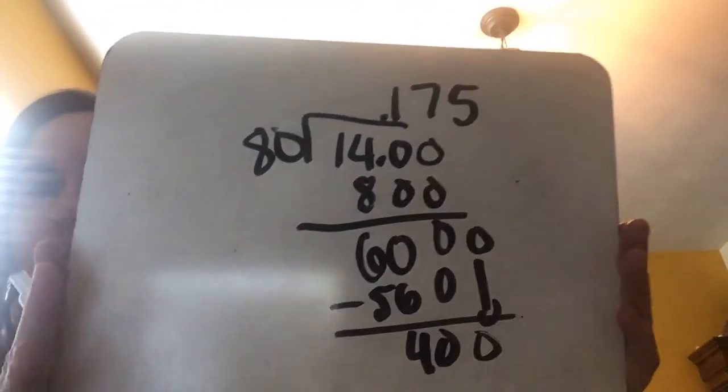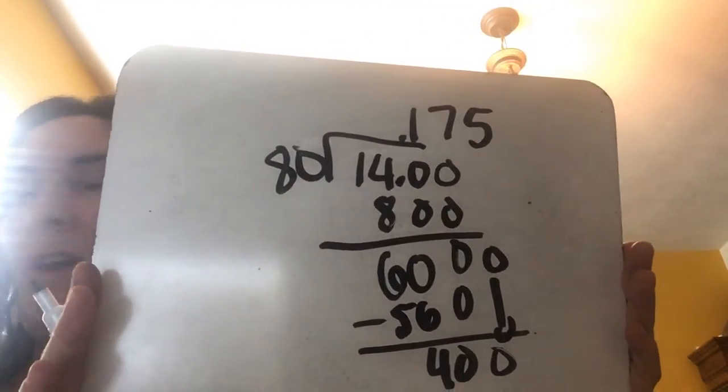Okay, 7 is 56. 0.175. So for Express, we're going to do 0.175.